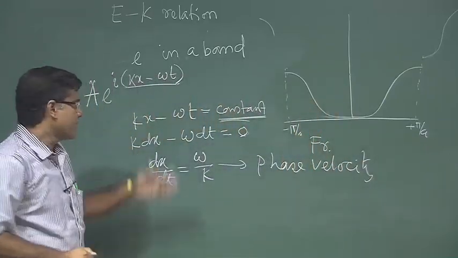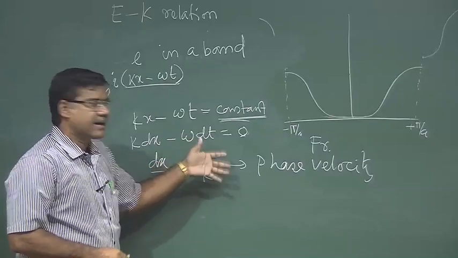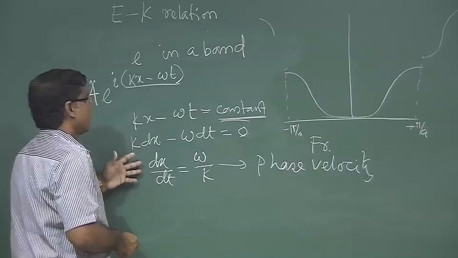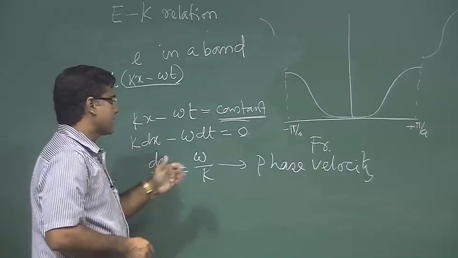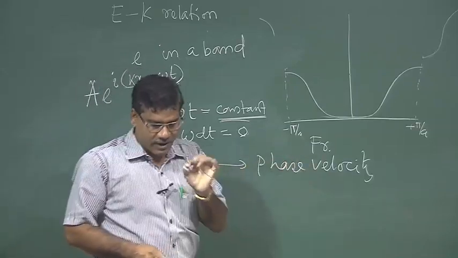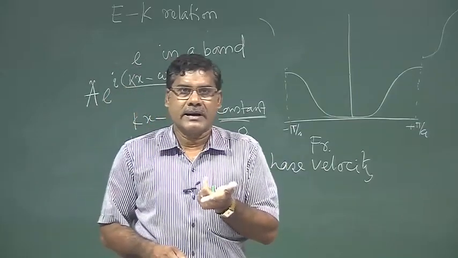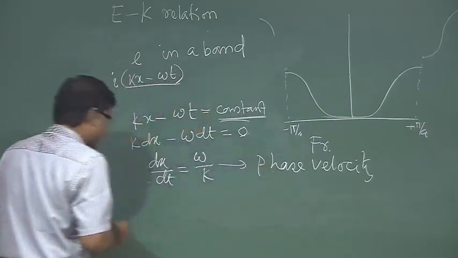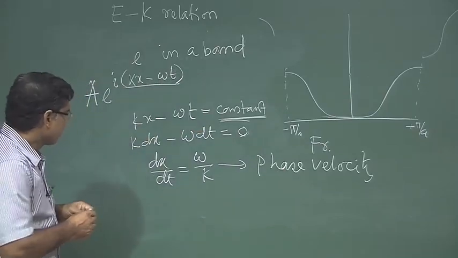Okay. But a free electron has this phase velocity, whereas when an electron is in a lattice, it is not the phase velocity but the group velocity.